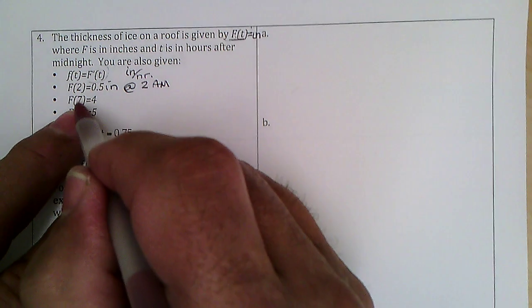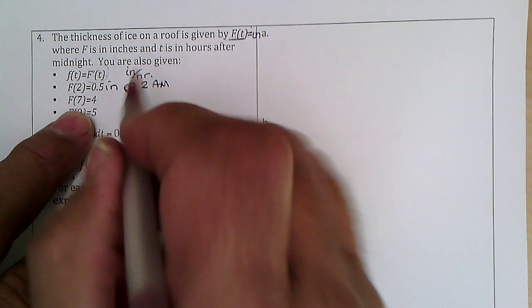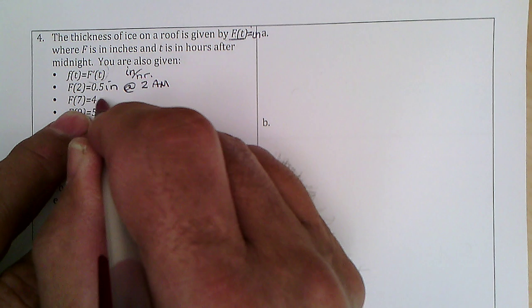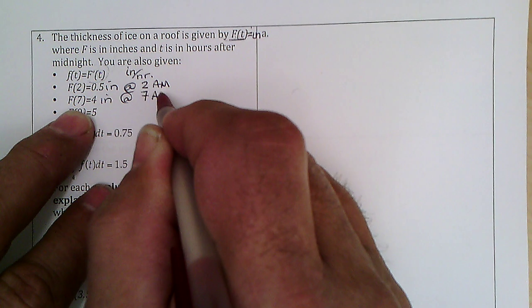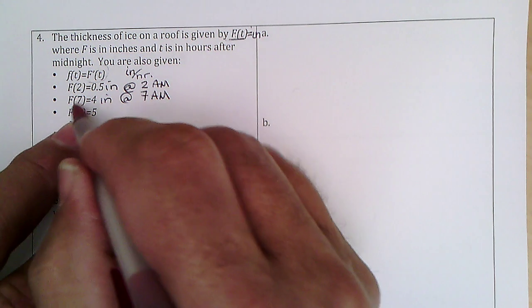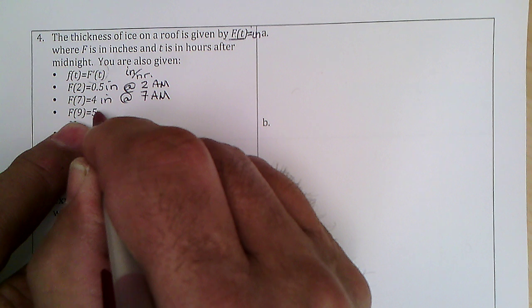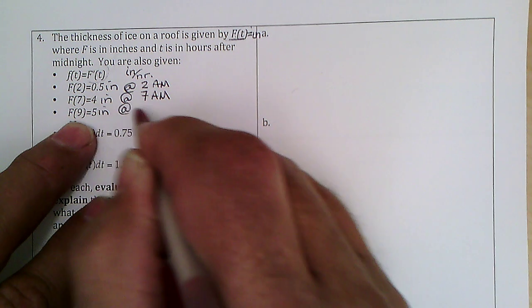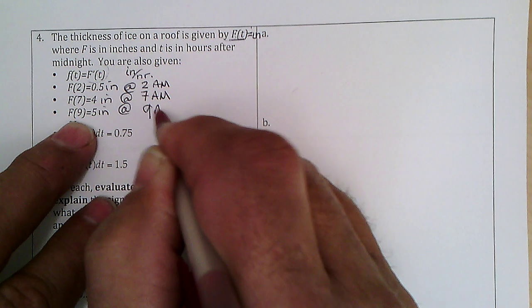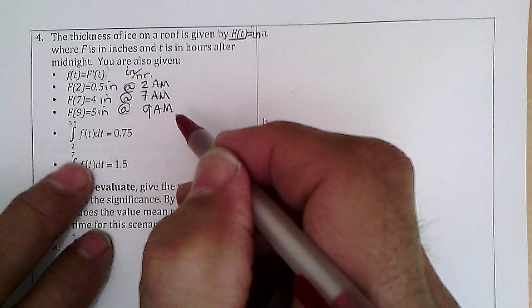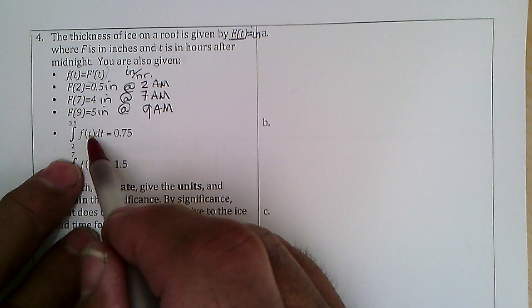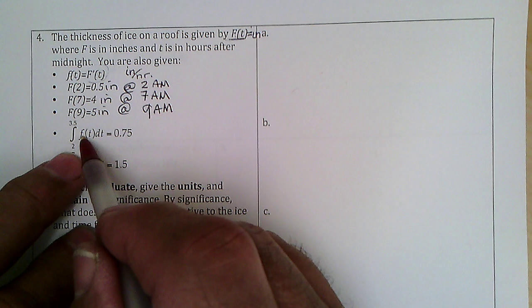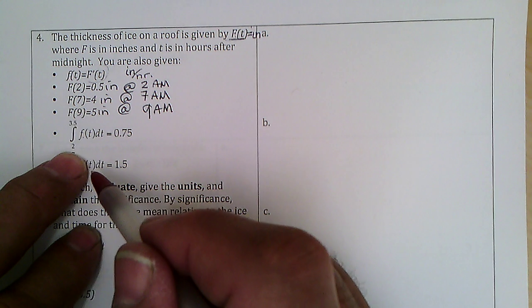This says at 7 hours after midnight, so that would be 7 a.m., there's 4 inches at 7 a.m. And 5 inches at 9 a.m. Now this is the integral, which is going to give us the area under this, which is going to give us the change in the capital F.